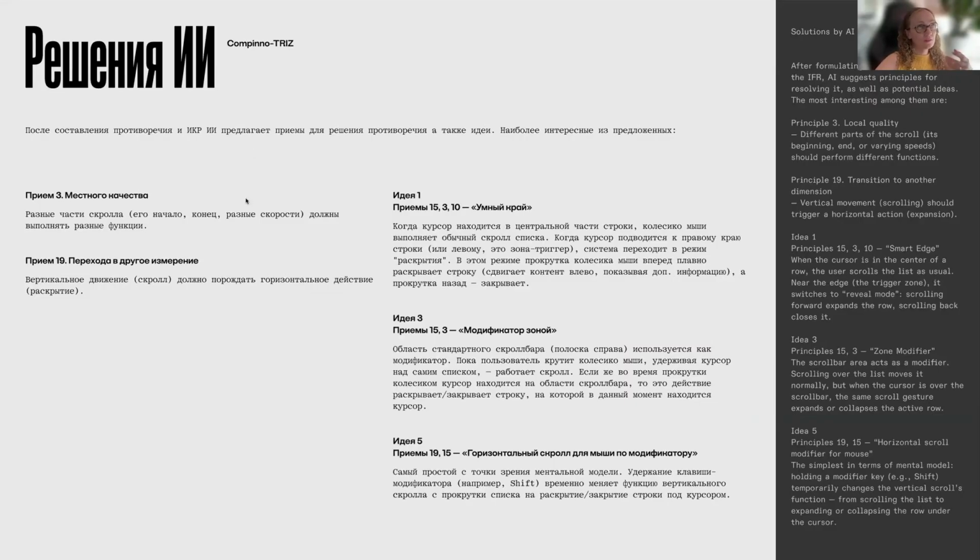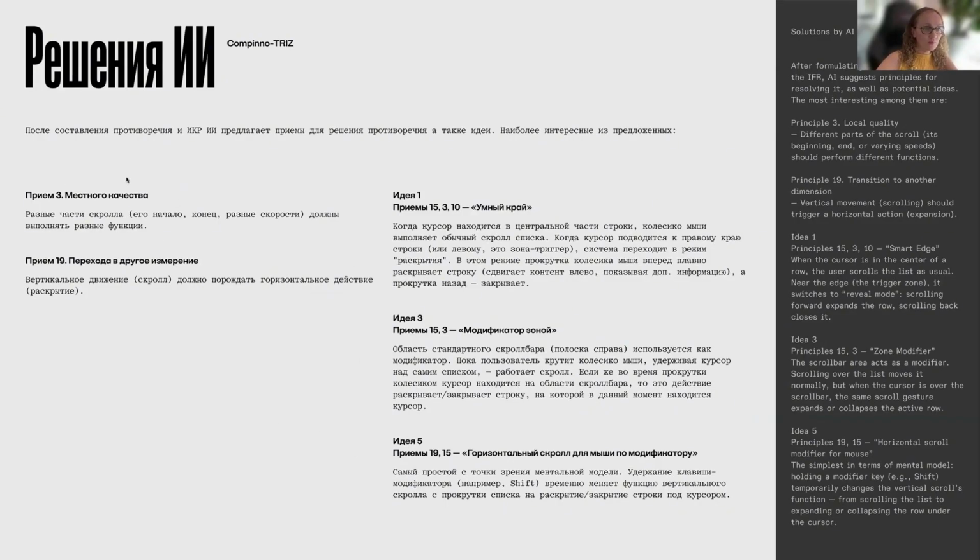At this stage, we also have other modules backed by AI, which again provide a number of options to address the problem, listing a number of ideas. These ideas look quite sensible.